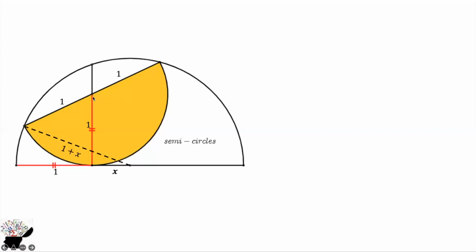So I can draw a line here, a blue line. And now let's look at what happened. We can see we have two triangles, this one and this one, right? So we can use Pythagoras. So we can name this side Y, right?